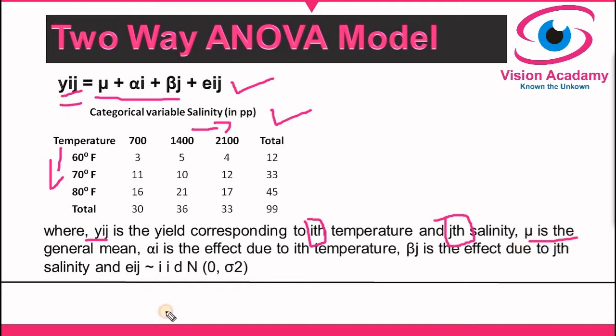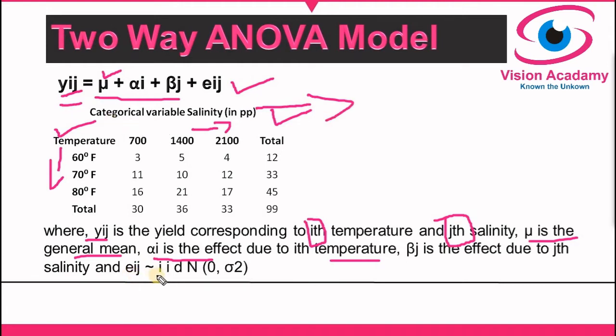And here mu is the general mean in this model, and alpha i is the effect due to the ith temperature. So alpha i we can take for one predictor variable, that is temperature. Alpha i is the effect due to the ith temperature, and beta j is the effect due to the jth salinity, which means beta is the other categorical predictor variable, that is salinity.